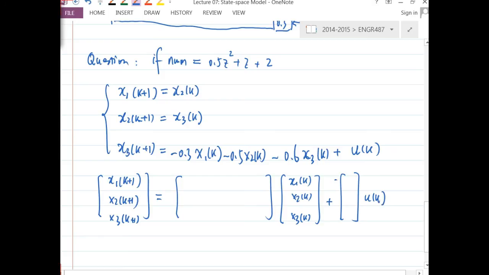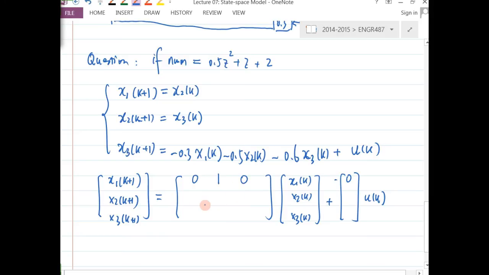For this matrix, the first row, based on the first equation, is 0, 1, 0.